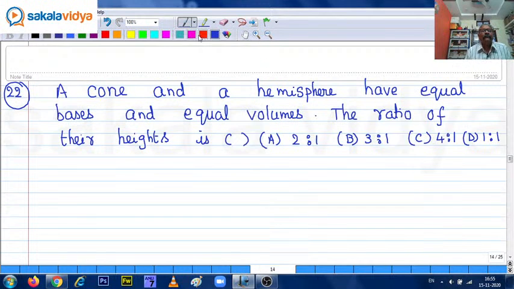See, cone and hemisphere have equal bases. Equal bases means they have equal radii, and their volumes are also equal. So let us draw the figure. First, this is a cone.